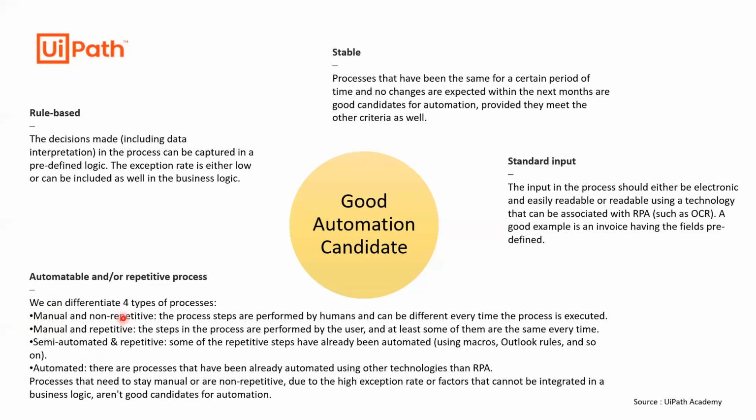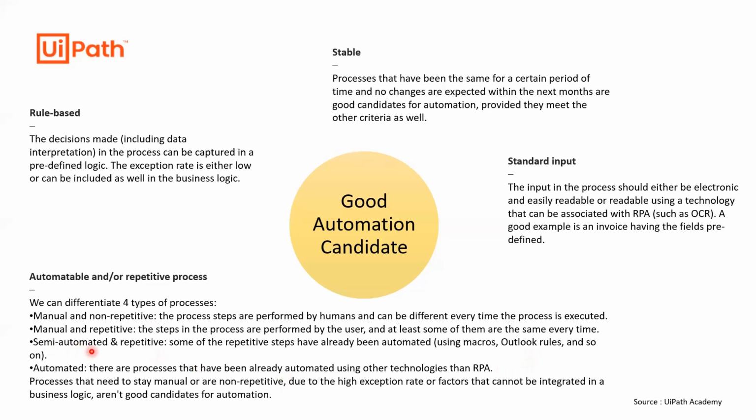So now you can divide the processes based on these factors into 4 categories. The first one is manual and non-repetitive, which means that the steps are performed by the humans and can differ every time the process is executed. Every time you execute, it is different, right? So that means it is non-repetitive. The second thing, it can be manual and repetitive, which means that the business is doing the process manually, but the steps are repetitive. Now, the next is semi-automated and repetitive. As the name is self-explanatory, some of the repetitive steps have been already automated using macros or Outlook.